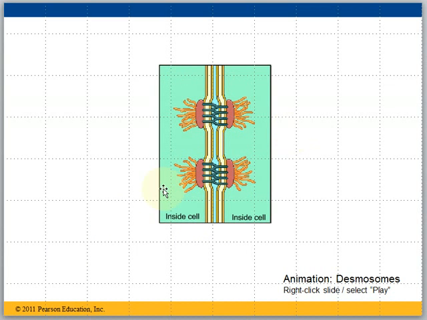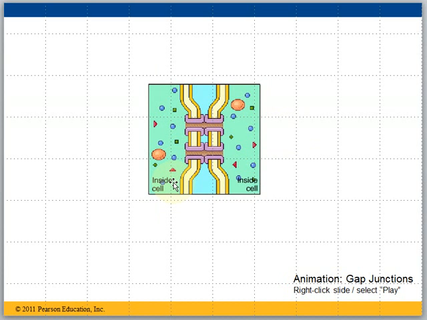So here you have two different cells, and there's two different junctions right here that are kind of like anchoring points that hold those two cells tightly together. You can hit right click and play. And then finally we have a gap junction. And a gap junction is, again, you have a cell on the left, a cell on the right, and you have these channels through here that are purposefully allowing material to flow from one cell to the next. You can hit right click and hit play.